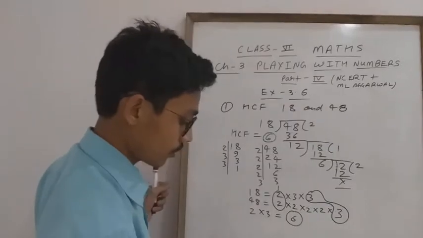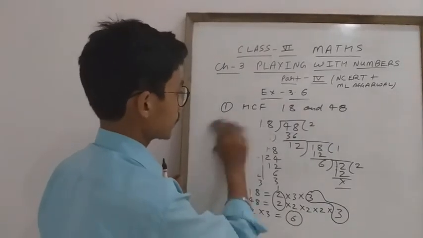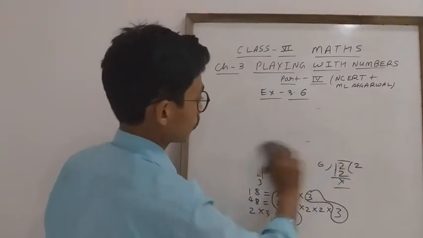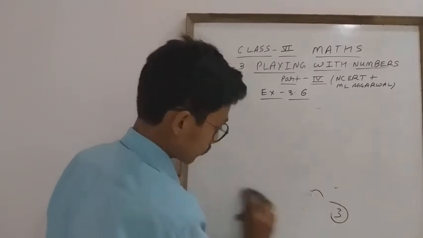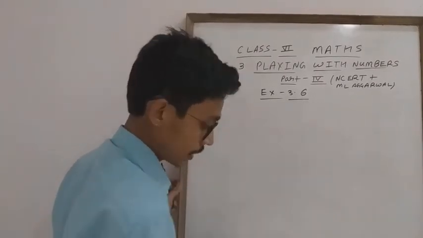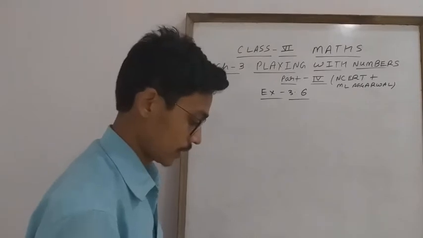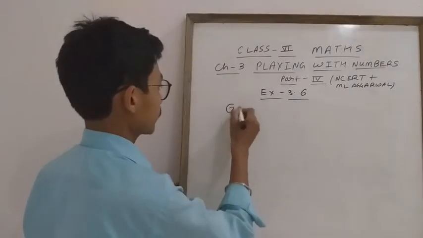Now, what is the HCF of two consecutive numbers? I explained this many times. You will do it yourself, also for consecutive even numbers and odd numbers. I will explain one question.